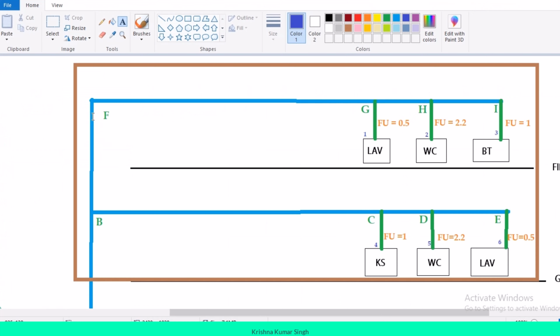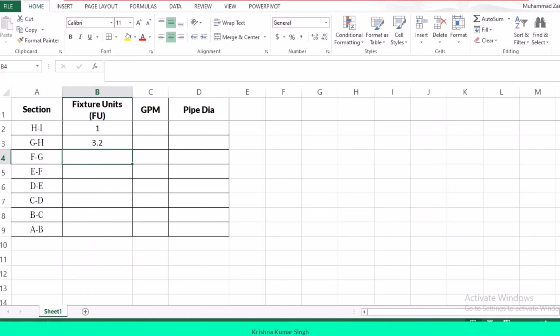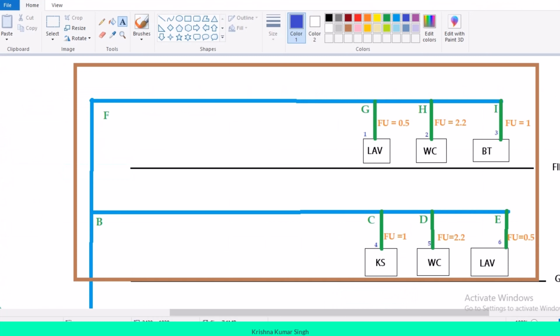Next I have F and G. The FG pipe is basically feeding these three fixtures, and I have to add these three fixture unit values. 2.2 plus 1 is 3.2, 3.2 plus 0.5 is 3.7. So I will write over here 3.7. Same way we will do over here.